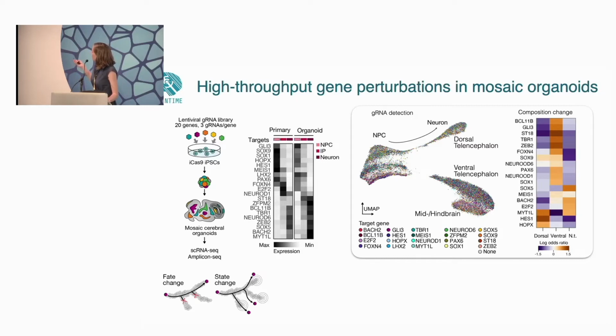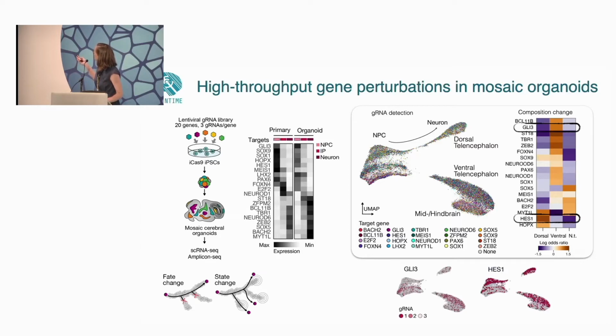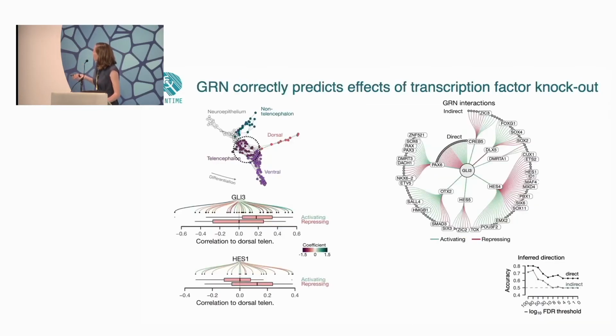When we look at the data, where we again have the different branches of cortex, ganglionic eminence, and non-telencephalic cells, we can see that the perturbations lead to enrichment and depletion effects for these different trajectories. We have some genes, for example GLI3, that when knocked out lead to a depletion of the cortex. And a gene such as HES1 leads to an enrichment of the cortex and depletion of the ventral telencephalon. And here you see the guide detection.